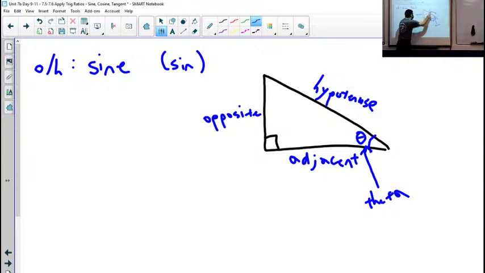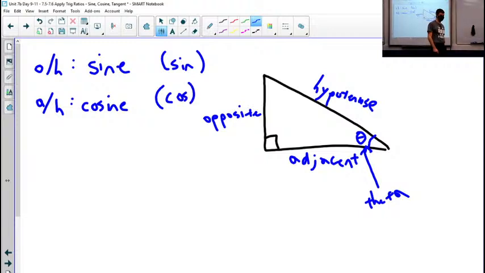Pair of sides number two is I could compare my adjacent with my hypotenuse. And that's going to be called the cosine of the angle. And we're going to abbreviate it COS, and we're going to call it cosine. So we've done pair of sides number one, pair of sides number two.